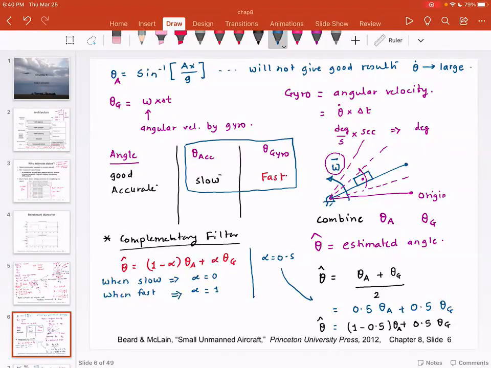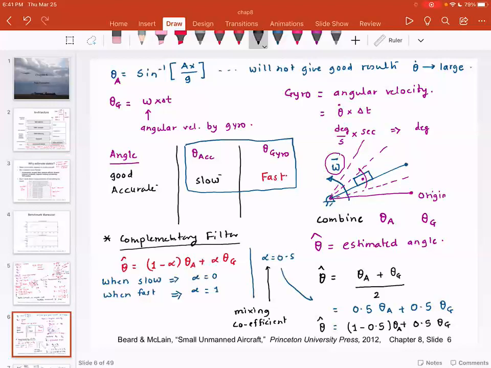Do you agree with my argument? So I'm going to call this alpha, just loosely speaking, a mixing coefficient.